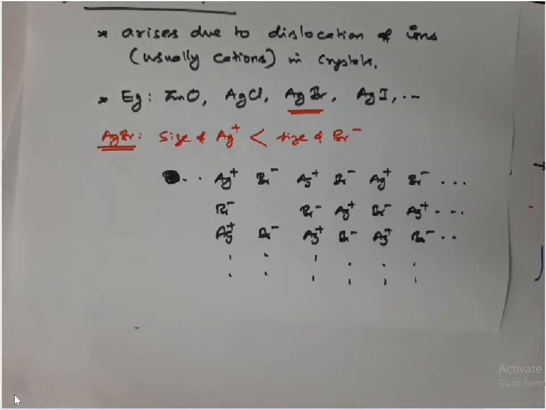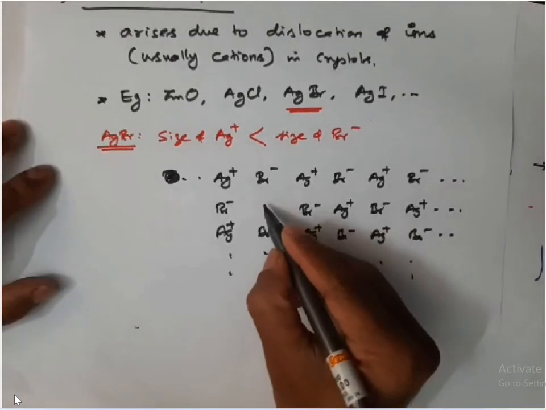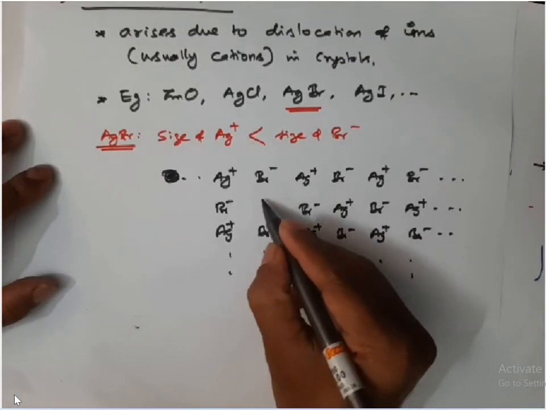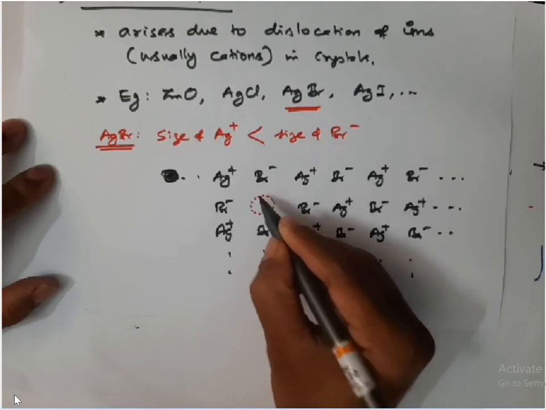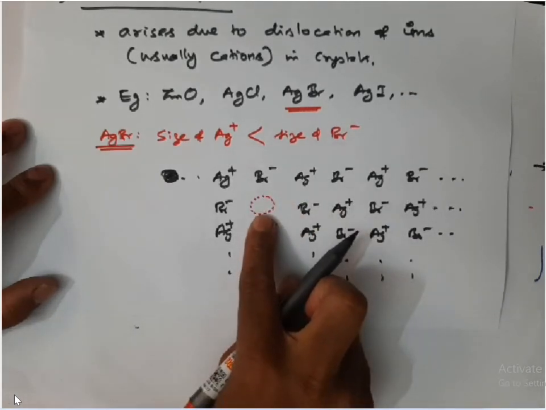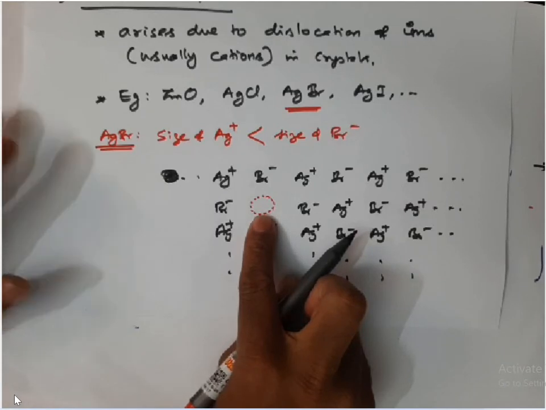Now listen, students, in silver bromide, sometimes a silver ion, instead of occupying its proper position, does not occupy this position. One silver ion is supposed to be present here, but while forming the crystal, what will happen?